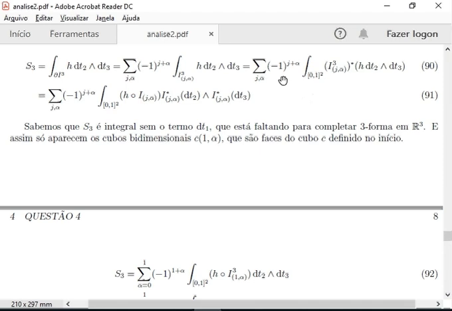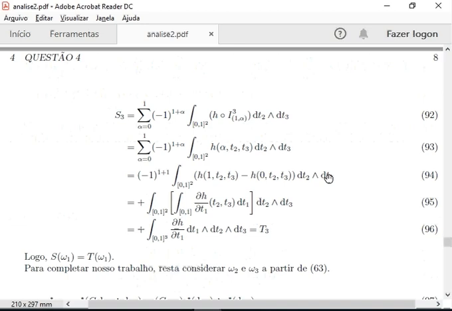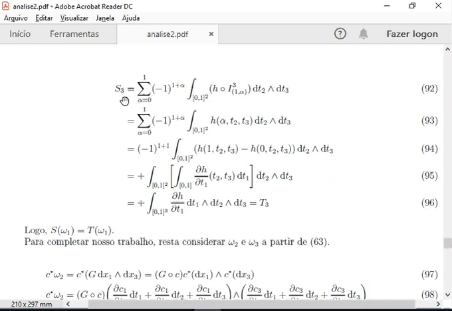It is the pullback, and in the straight square it is the composition of H with I, pullback of I dt2, wedge, pullback of I dt3. It's missing the dt1. It will only appear the bidimensional cubes C1 alpha, which are faces of C defined at first.